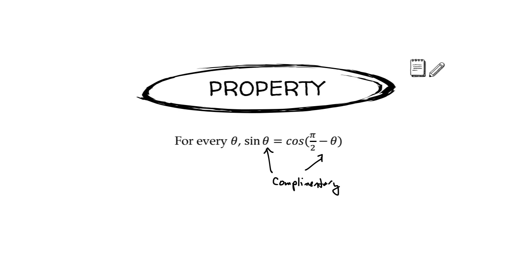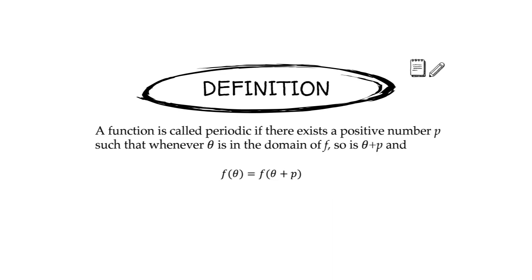And this is exactly how sine and cosine get their name. Cosine is the ratio of sine's complementary angle. Of course, you can write this property in reverse. Sine of 90 minus theta is equal to cosine of theta. You might wonder if tangent has a complementary function as well. We will be getting to that soon. But first, some other properties.